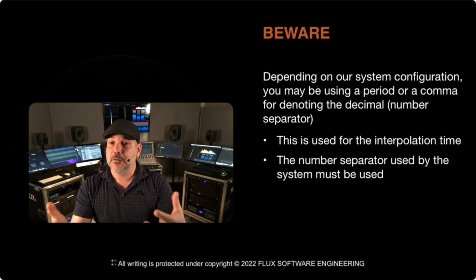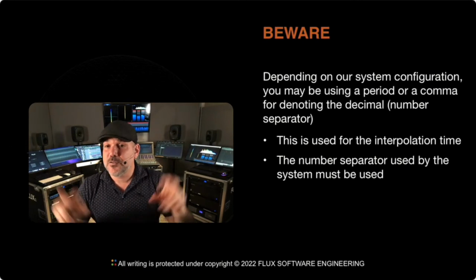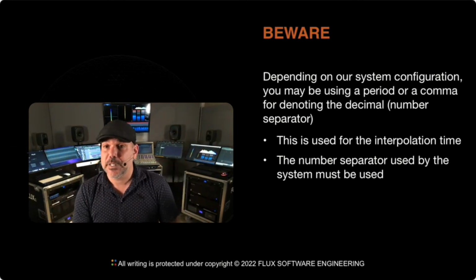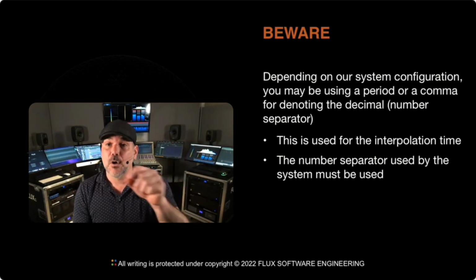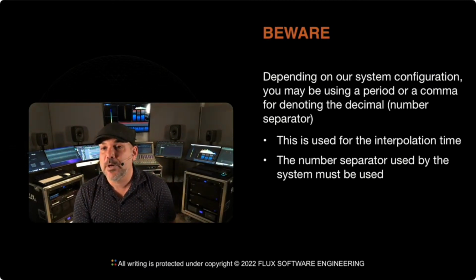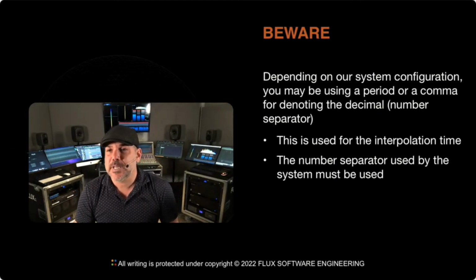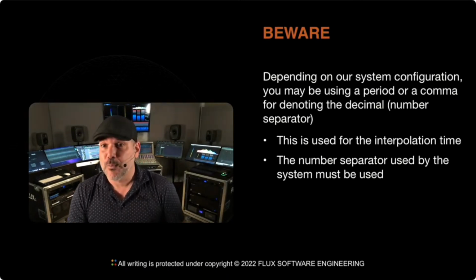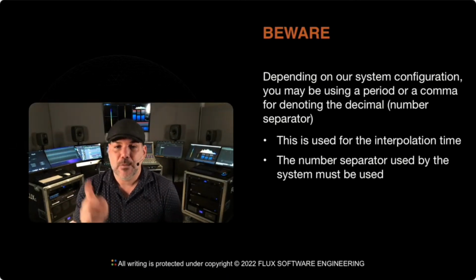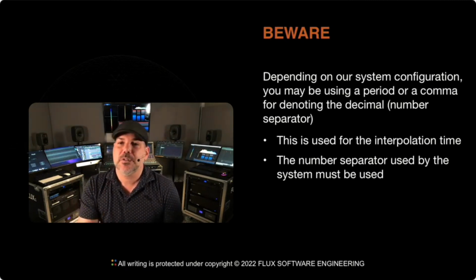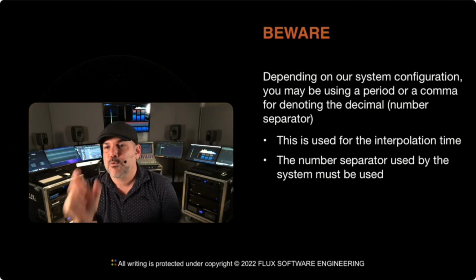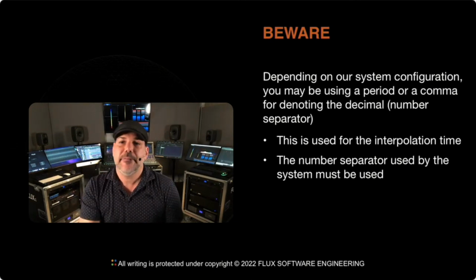So basically, in your OS, you've got a configuration that says, hey, the comma or the actual period is the separator for numbers. And that is important to understand because we use this for interpolation time, okay? I'm going to be showing it to you. That's very important to understand.